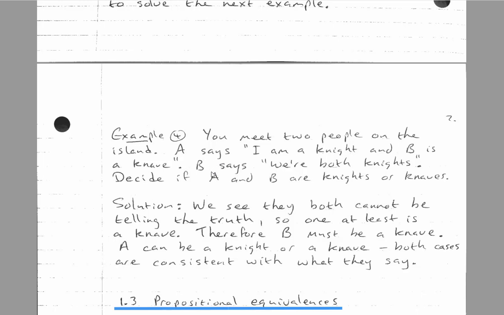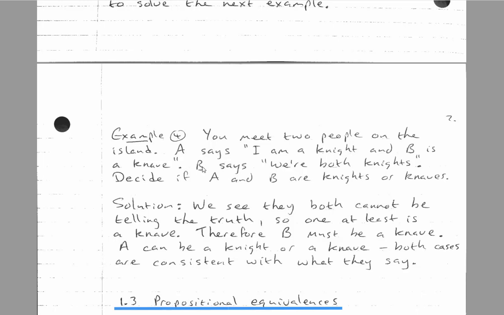Well, B is saying we're both knights. If B is a knight, then that's true. So then A must be a knight. But A is saying, I am a knight, and B is a knave. Well, that can't be true if what B said was true. So there's a discrepancy here.